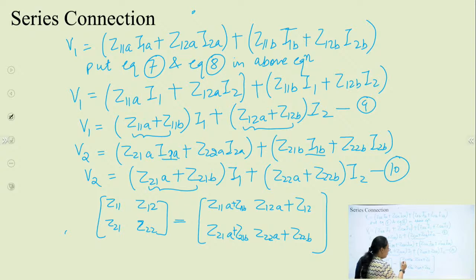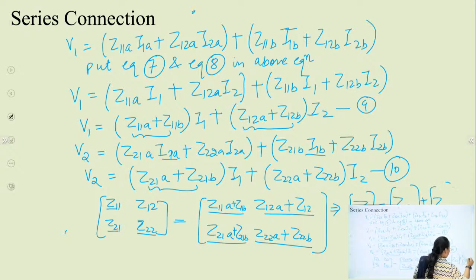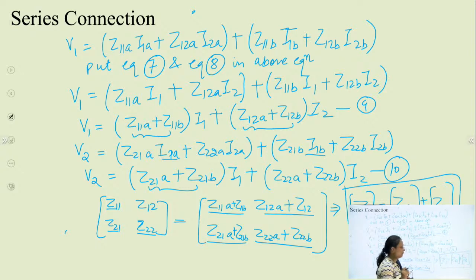Okay, so this will be equal to this, and this will be equal to this, and Z22 will be equal to Z22A plus Z22B. So we can write directly from here that the Z parameter of the series connection will be the resultant of the Z parameters of the two-port networks, and this is similar for n number of networks which are connected in series.